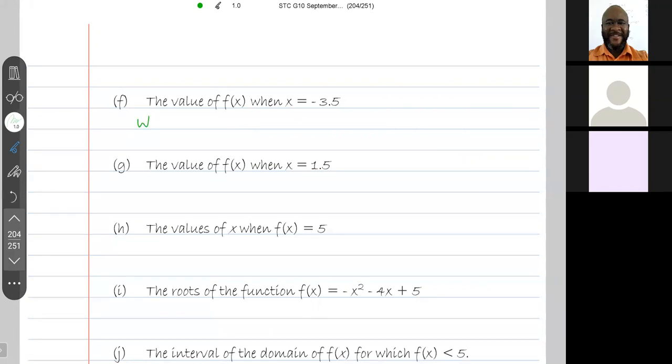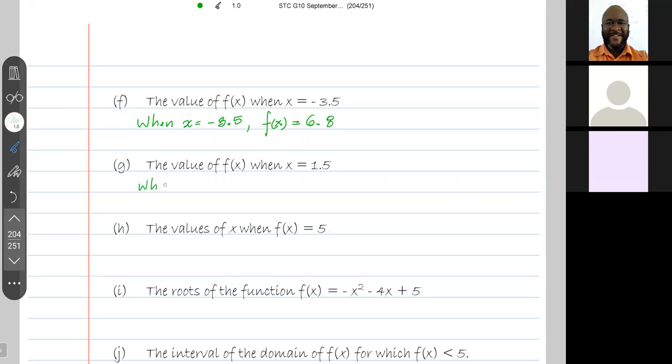When x is equal to minus 3.5, f of x is equal to 6.8, sorry, 6.8.